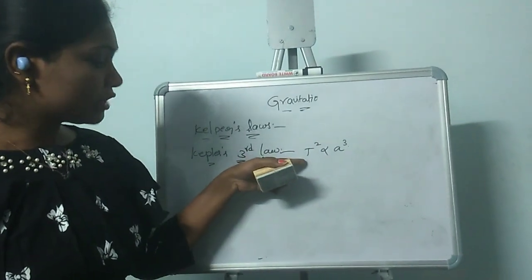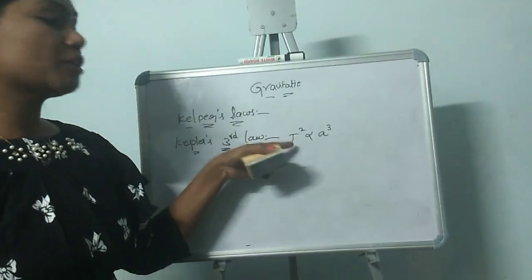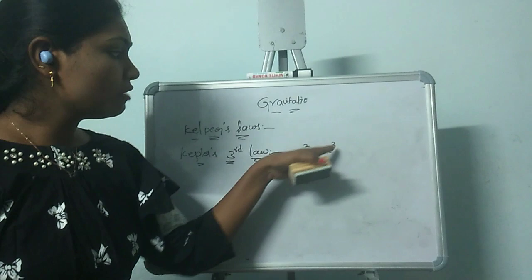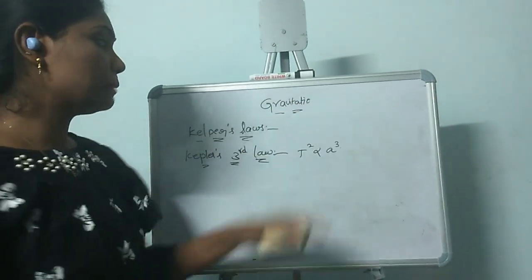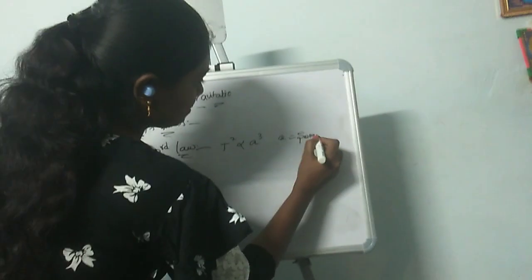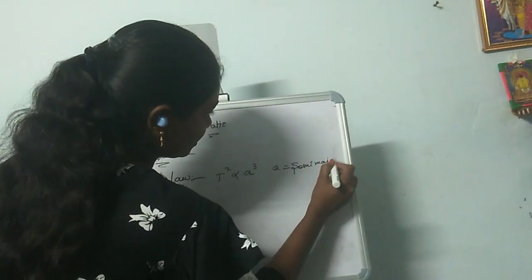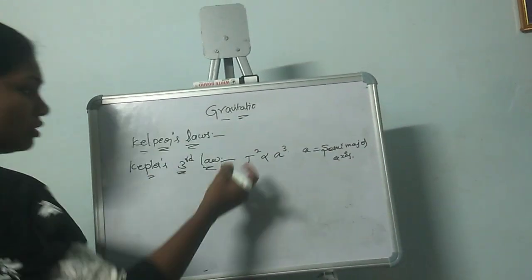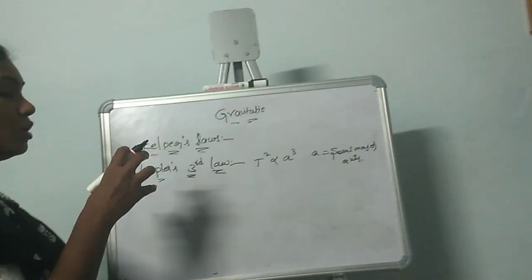The square of time period of revolution of a planet is directly proportional to the cube of semi-major axis of the elliptical path traced by the planet, where a equals semi-major axis.